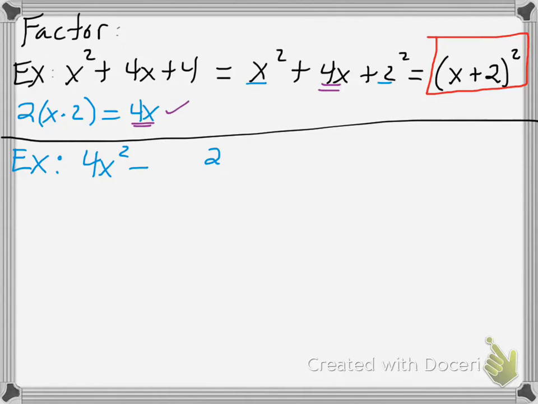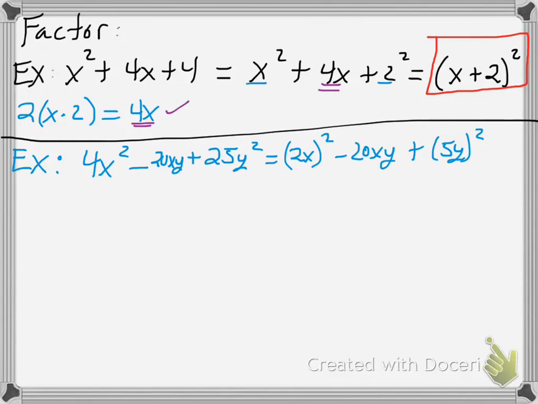Alright, let's try another one. 4x squared minus 20xy plus 25y squared. 3 terms. 4x squared is a perfect square. 25y squared is a perfect square. Okay, so I'm just going to rewrite it so we can see the bases. Our bases are 2x and 5y. So I'm going to take the product of those two and then take twice that.